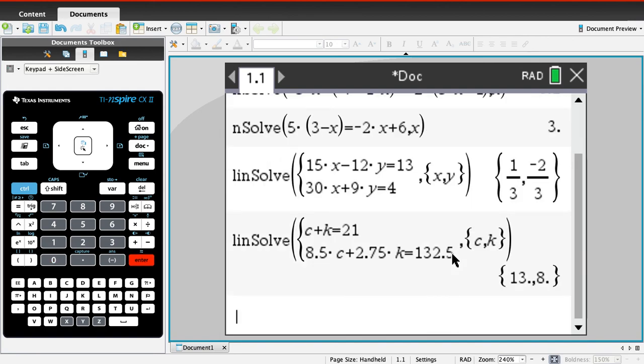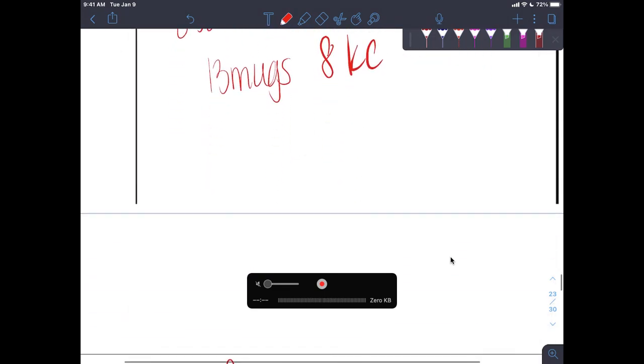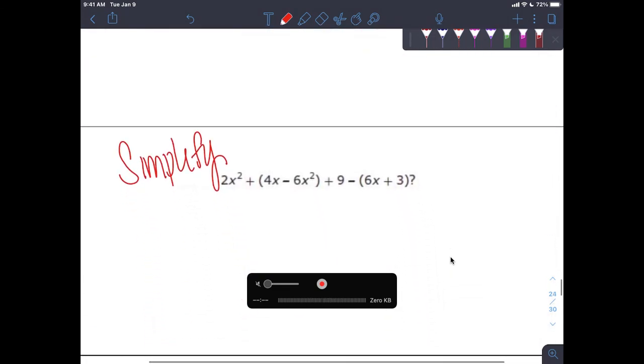And look at that, 13 mugs along with 8 keychains. So 13 mugs, 8 keychains. Depending on which one they ask us for, or if they ask us for both, our answer might be looking a little bit differently than what we thought.